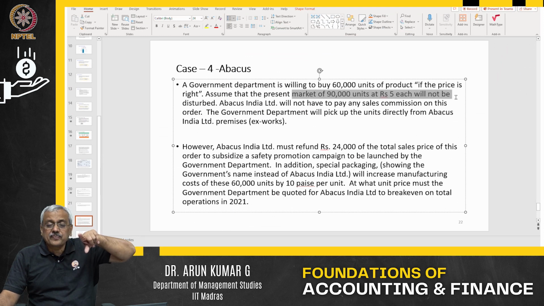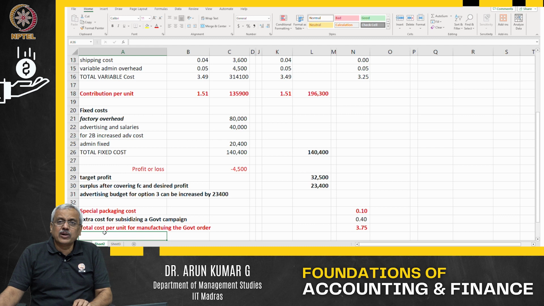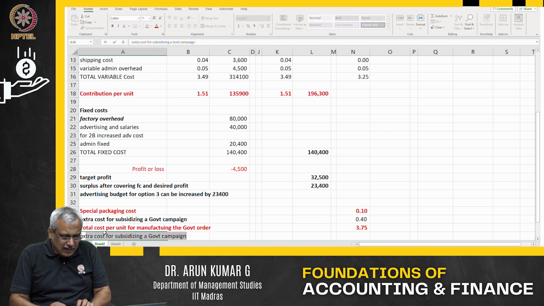So you are not worried about fixed cost. In order to break even, the current existing loss will have to be shared by the government order.